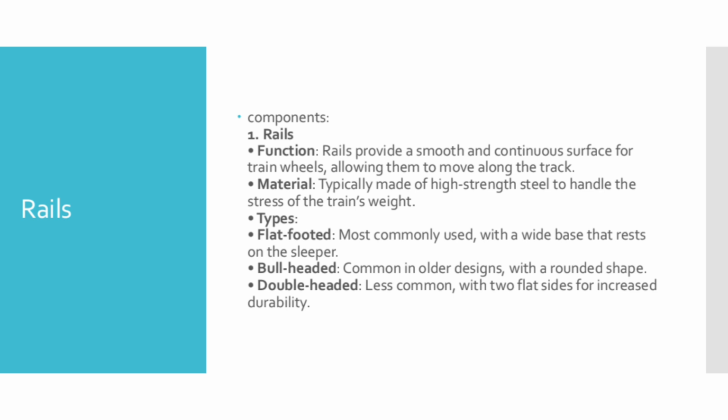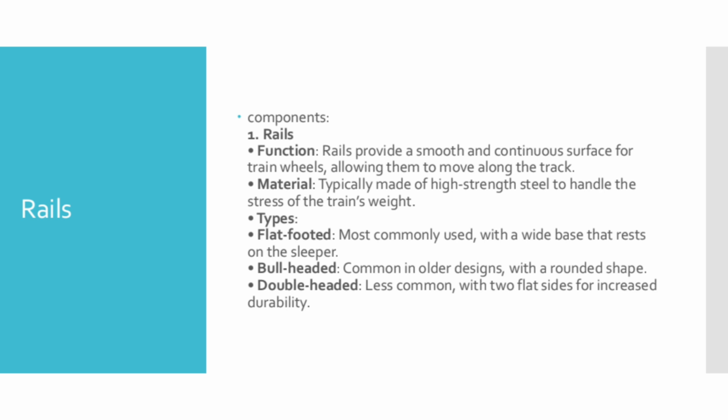Now, we can see more of its types. Bull-headed, common in older designs with a rounded shape. There were also rails like bull-headed. They were called bull-headed because they had the shape of a bull. That's why they were called bull-headed. Then there was another type of rail, that's double-headed, less common, with two flat sides.